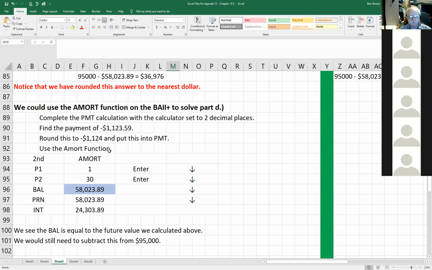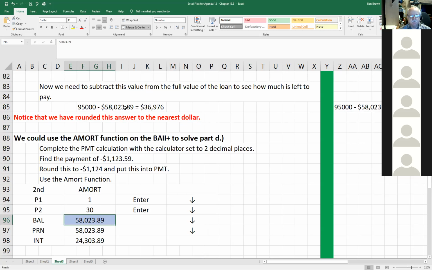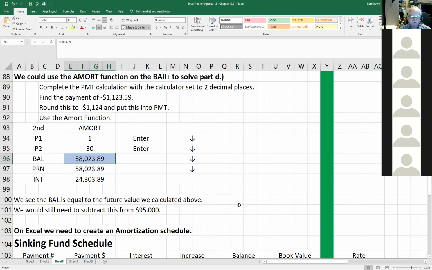And then we can use the amort function with the rounded payment. Go second amort, P1 equals 1, so we're starting at period 1. P2 equals 30, so we're going to period 30. And then we find the balance of 58,023.89. And then we have to use this balance to calculate it by hand. We'd still need to subtract this from 95,000.